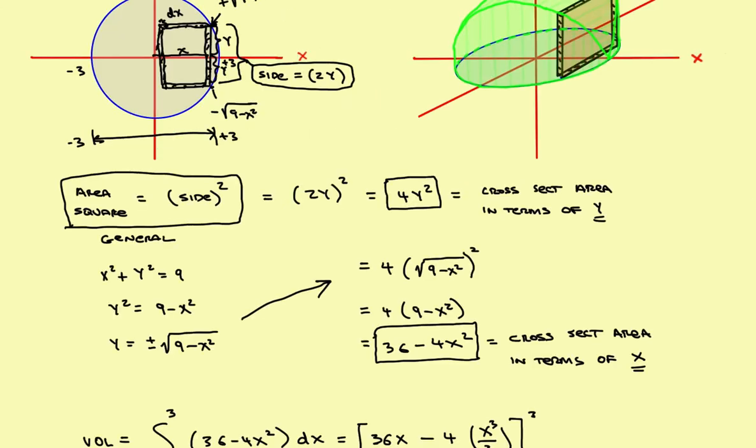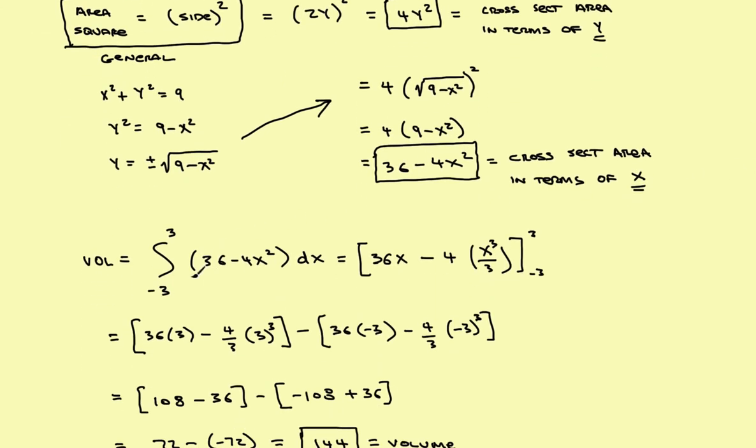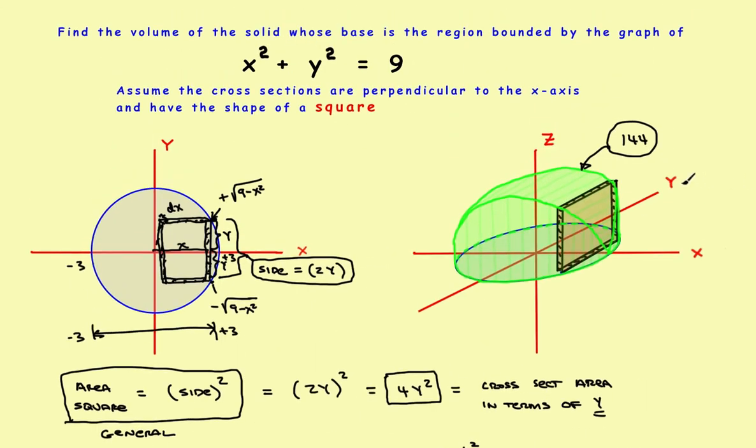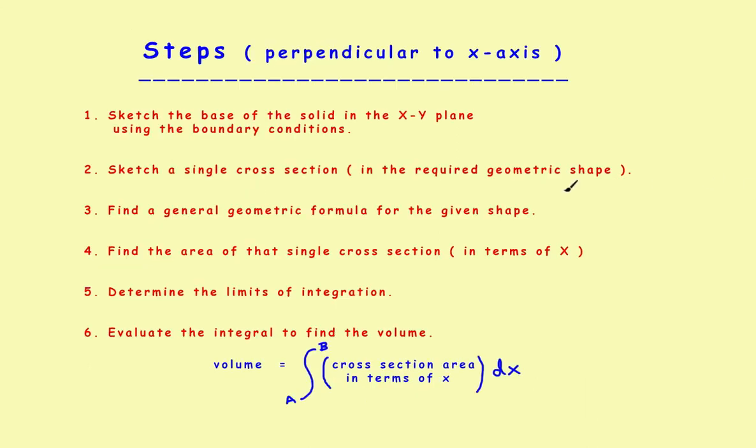And when you ran through that integral, so there's the area of a cross-section, and there's the thickness of a cross-section. Do the integral, you got 144, and it gives you the volume of the whole thing. So again, if you follow these steps, just like in the previous video, it makes a pretty good guide for getting through these problems. So that's just an example of a problem that has a circular base with square cross-sections.